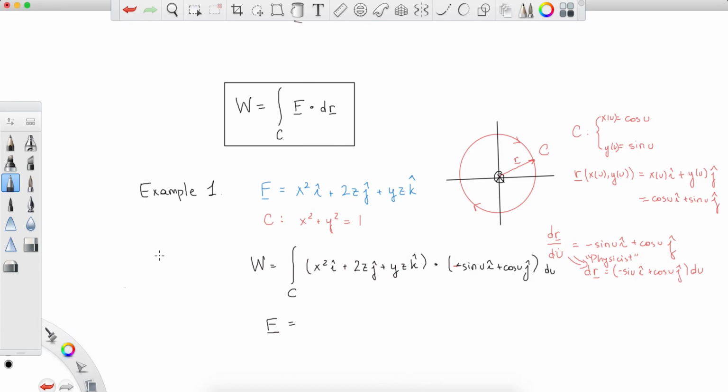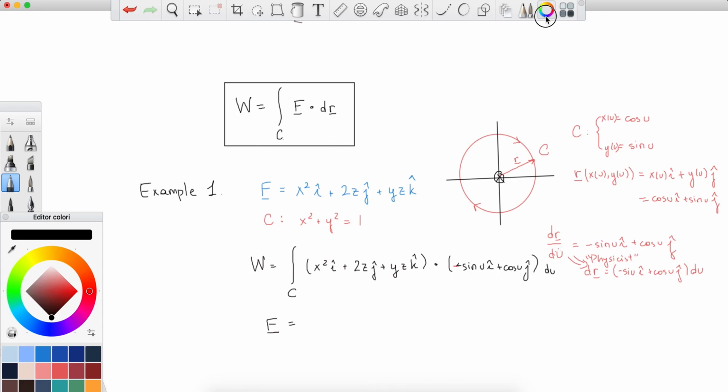Z of u is just 0 because we said the circle is in the xy plane. So in here I should actually say z of u equals 0, which means that the j component and the k component disappear because they contain z. All we're going to remain with is the i component, which points in the x direction.